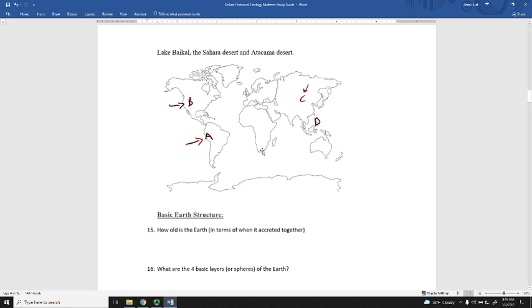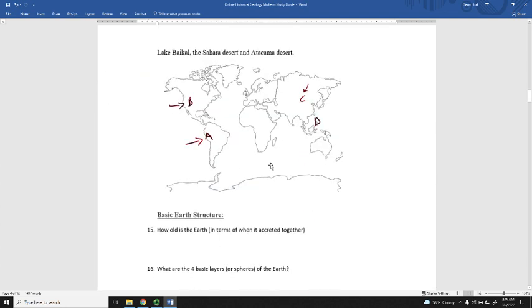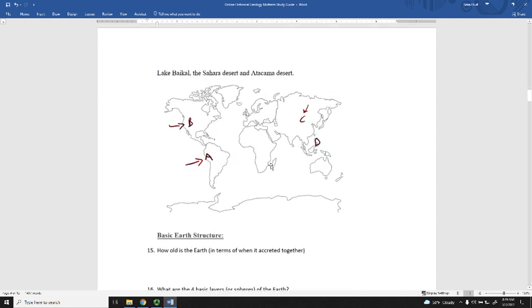Okay, so I'm not going to do everything that's on here. I gave you a bunch of features. You should know where they are, and if you don't, get a map and look them up. Well, I guess I could give you all these pretty easily. So there's Hudson Bay right there, and the Aleutian Islands are right here. The Japanese islands are right there. There's the Philippines.